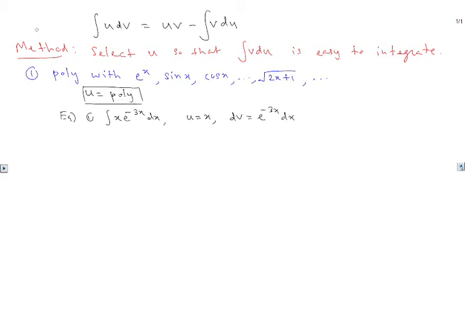That is the choice we're going to make. Also, here is one simple formula: the integral of e to the kx dx, where k is a constant, is simply 1 over k e to the kx plus c. This may also help you when you try to do the integral.